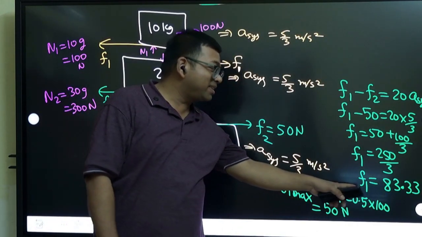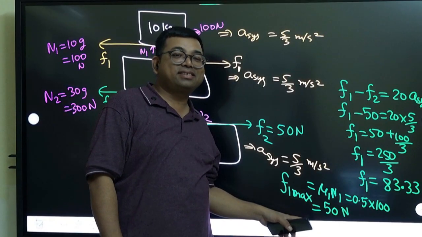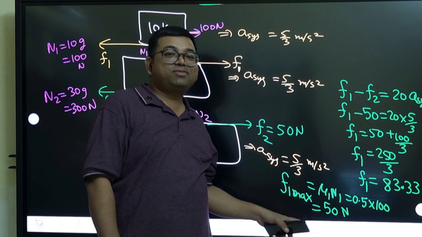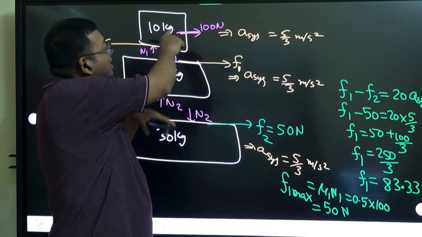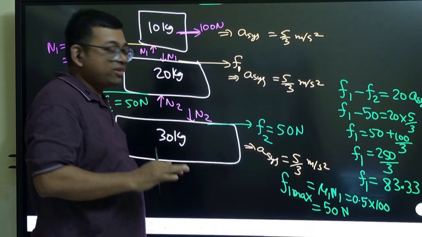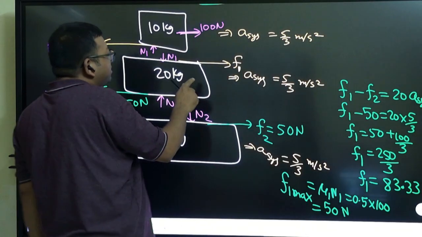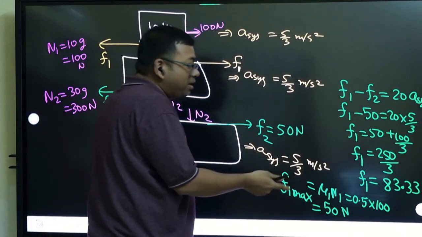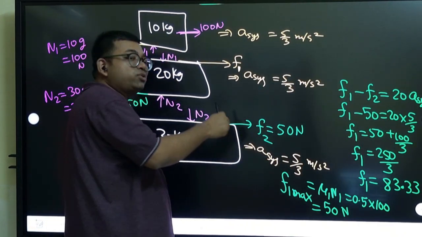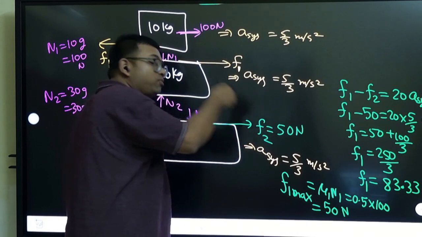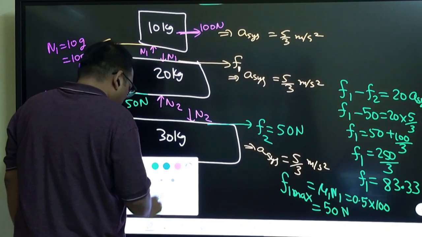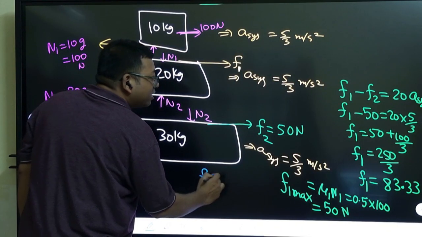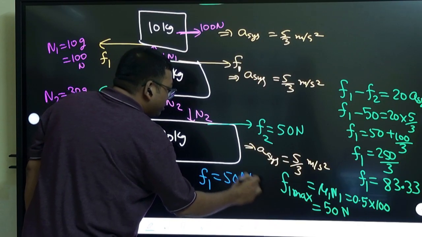Now see, this required friction is larger than this, correct? This friction is larger, so this is sliding here. These accelerations are not the same now. Of course friction cannot be larger than the maximum. So what friction should we take? We have to take the maximum friction. So F1 we need to take as 50 Newton only.